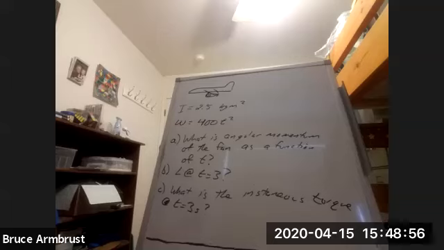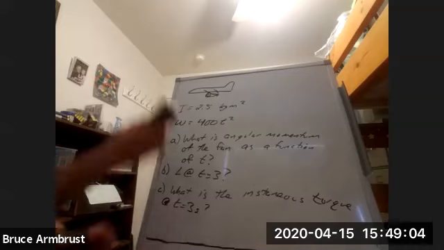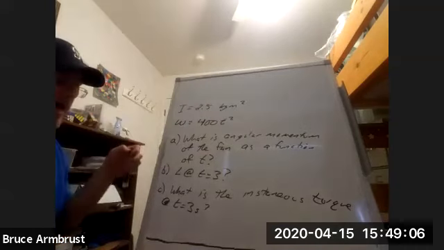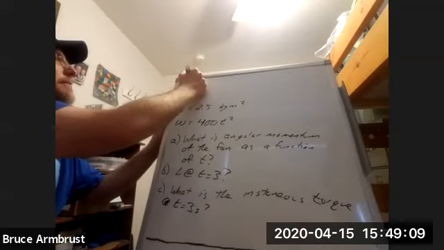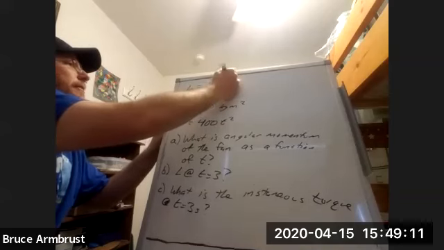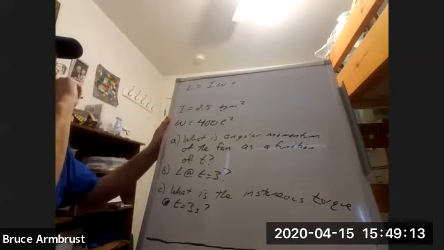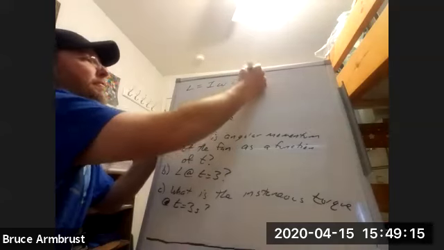All right, so let's see what we can do here. First things first, let's find angular momentum. Angular momentum, L, is equal to I times omega, like mass times velocity, so in angular quantities it's I and omega. So I was 2.5.